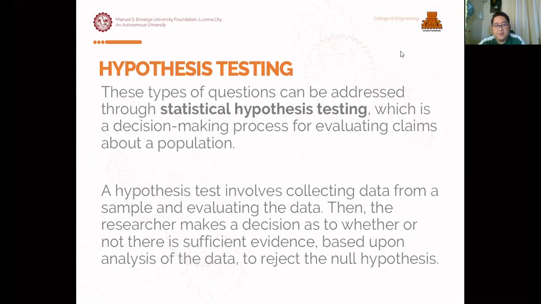Then, after natin computein yung z-score, kung titingnan natin yung graph ng bell curve niya. Then, as we proceed dun sa discussion natin, we will tackle three methods kung paano gumawa ng decision dun sa hypothesis na ginawa natin.